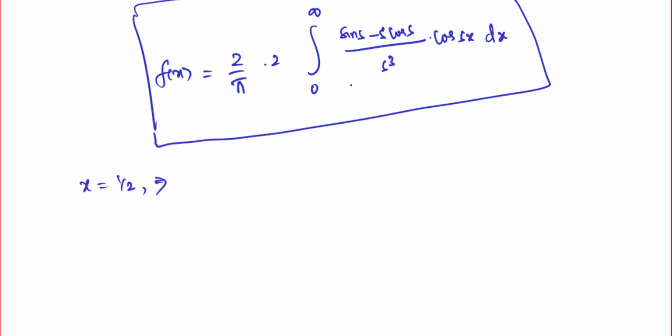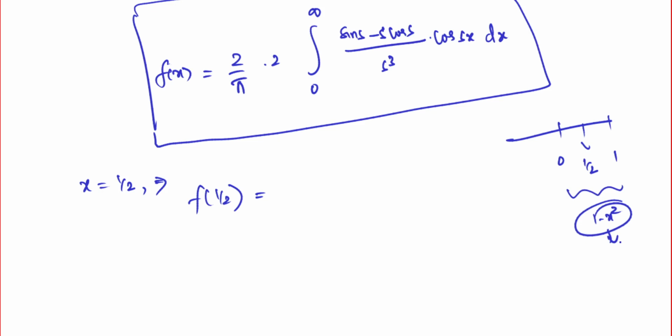We'll not substitute in the right hand side, so we'll say simply f of 1 by 2. Remember, 1 by 2 belongs to 0 to 1, meaning 1 by 2 is just between 0 and 1. And in this portion, the function value is 1 minus x square. So the function is continuous, differentiable, everything is there, so I don't have to worry about discontinuity at this point.